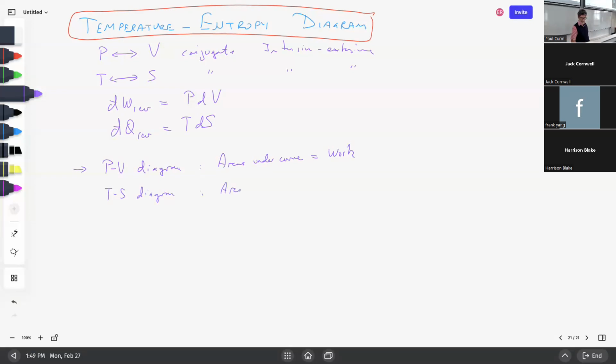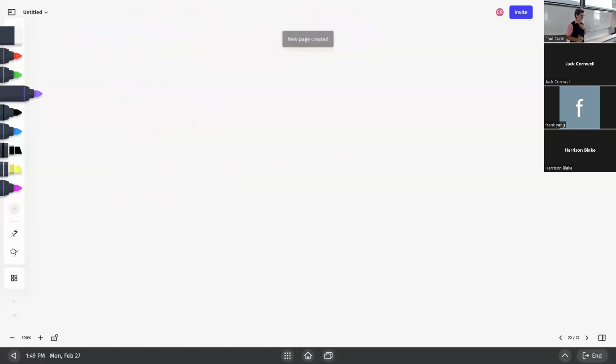Area under the curve equals the heat that goes in, net heat. Okay? So it's just a different diagram, and sometimes it's much easier. Okay? And sometimes it's not. The place where it's easiest is for Carnot. So, example.